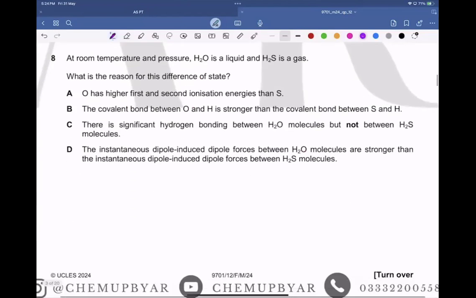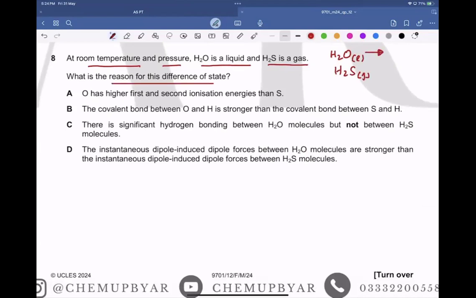Now, question number 8. At room temperature and pressure, water is a liquid and H2S is a gas. What is the reason for the difference in state? So if you remember the bonding, you can easily identify that there is hydrogen bonding between the water molecules, and over here only van der Waals forces of attraction between the H2S molecules.